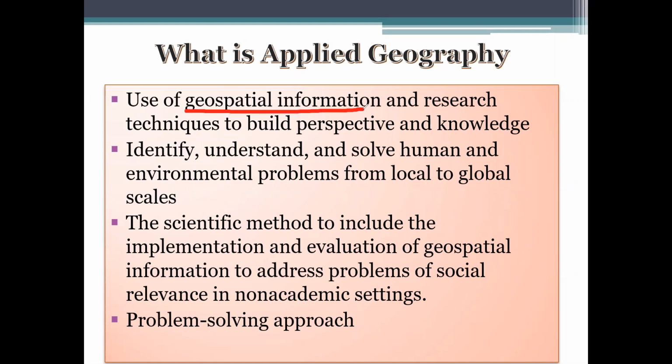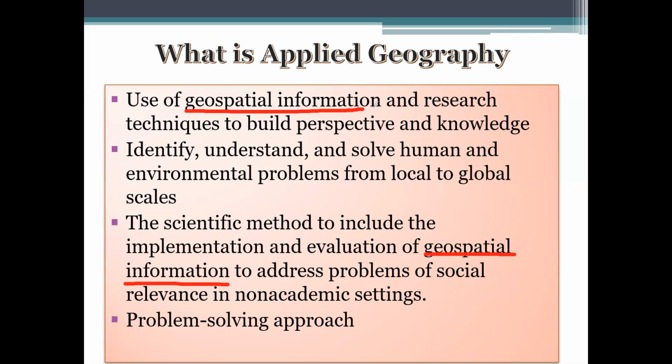Geospatial information is very important because we discussed it here also. Therefore, one of the key concerns in applied geography is geospatial information, handling and working with geospatial information. The second one is problems.